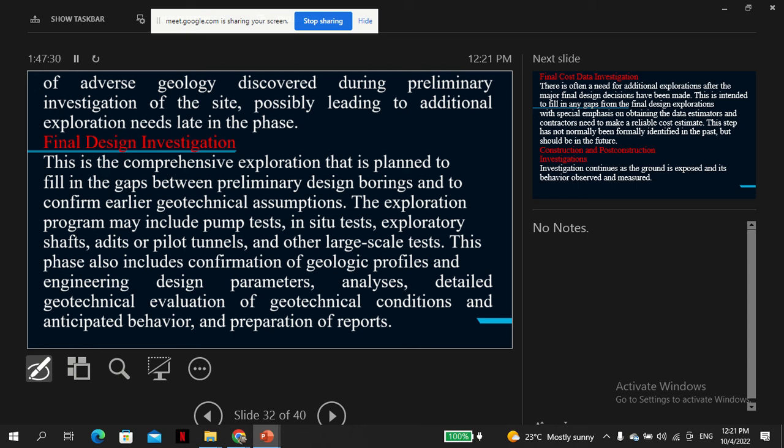So basically, the preliminary investigation would help you to flag red flags, so to speak. For example, if you find that on the initial planned route there is a hazard, a hazardous waste, for example, or there is a fault, the fault may extend to a limited extent such that you can avoid it altogether.